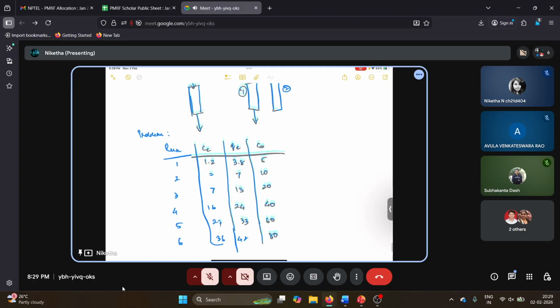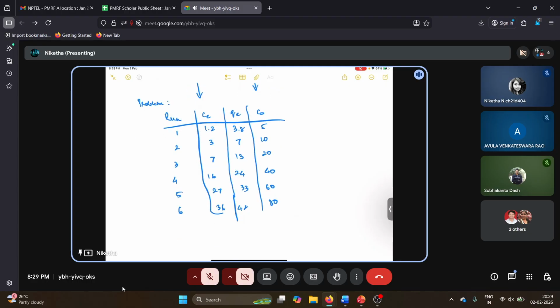Okay, so this problem is about adsorption. They are doing adsorption multiple times. Each run means run one is the first time, run two is the second time, and so on.